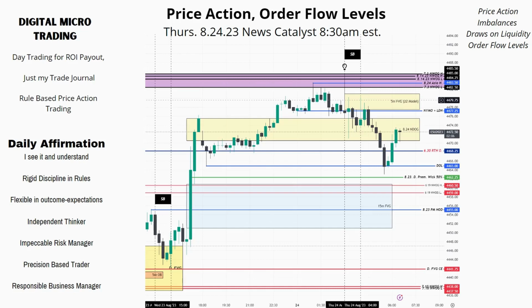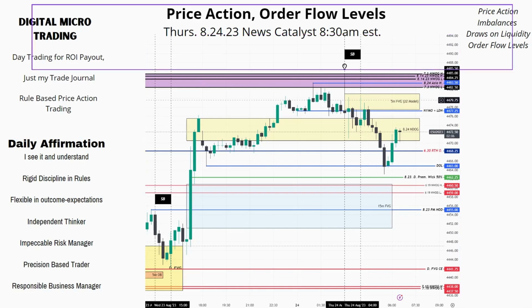So you see we had displacement up, and then we go back down, and we had candle wicks into that rectangle. Now the other thing I want to point out is that blue line right under that top yellow rectangle. That is New York midnight and London.